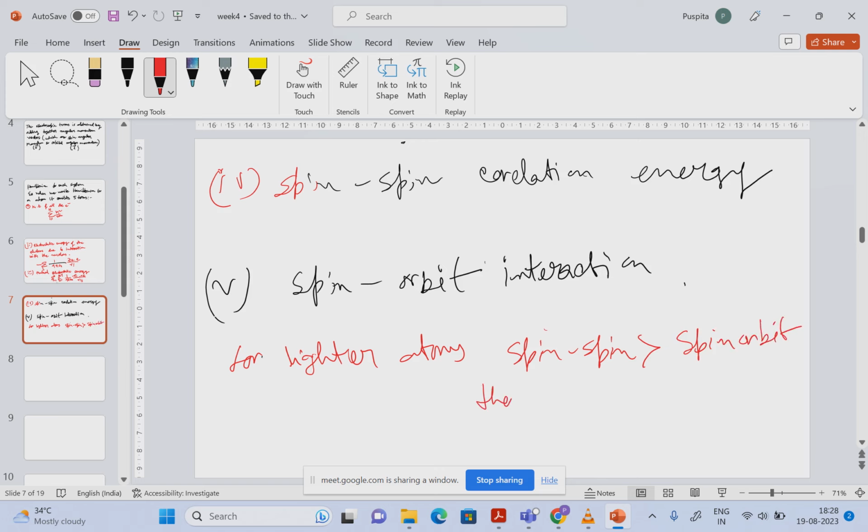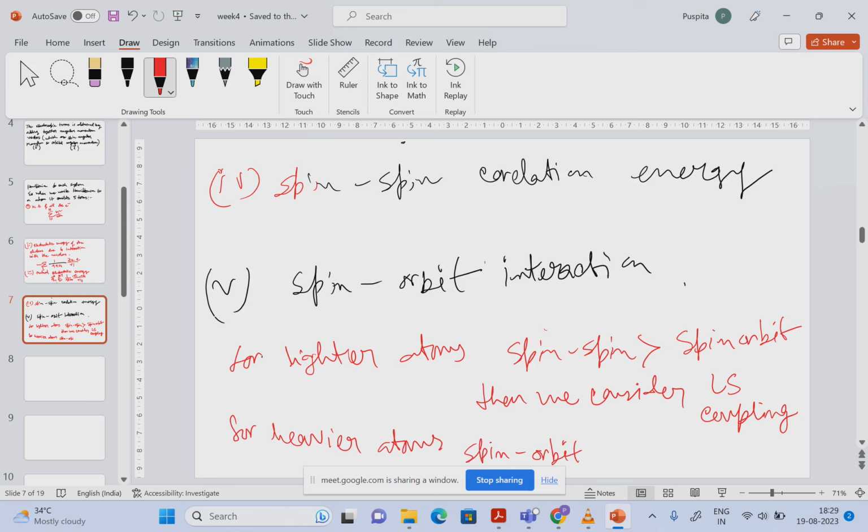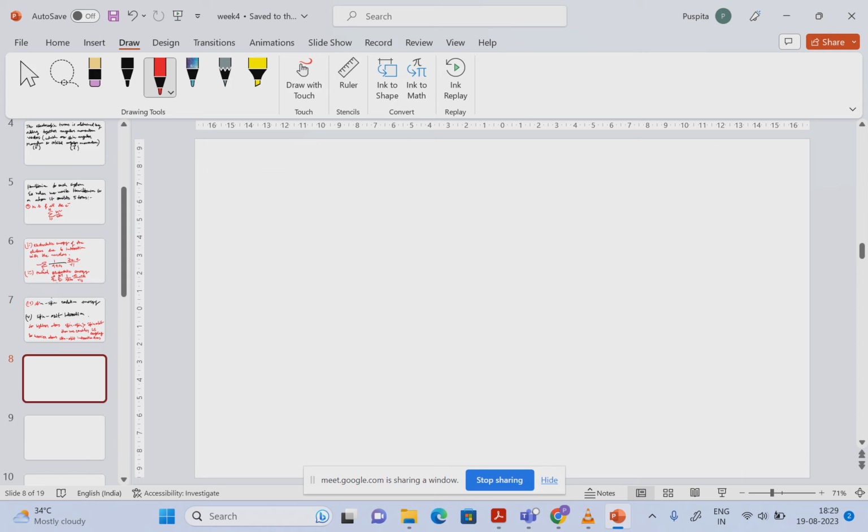And then we consider LS coupling, or we obtain terms via calculation of LS coupling. But for heavier atoms, the spin orbit interaction terms predominate.